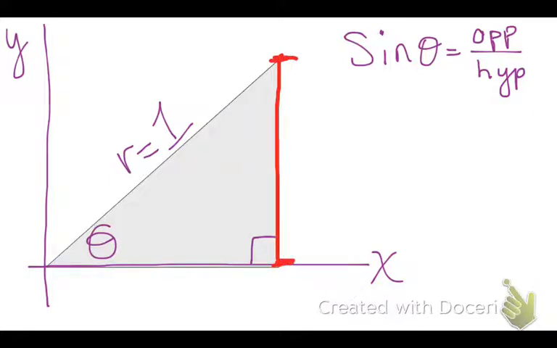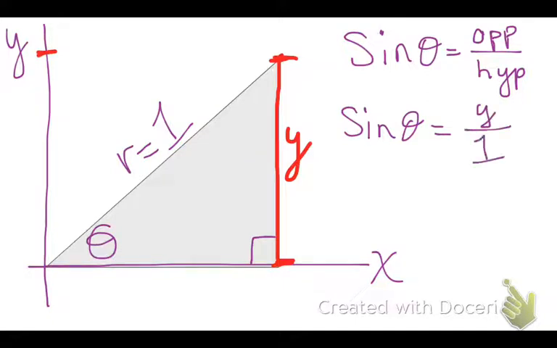And the vertical side, my vertical distance, represents some y value, some y distance. So sine theta equals y over the hypotenuse of 1. And again, anything divided by 1 is itself. So sine theta equals y.